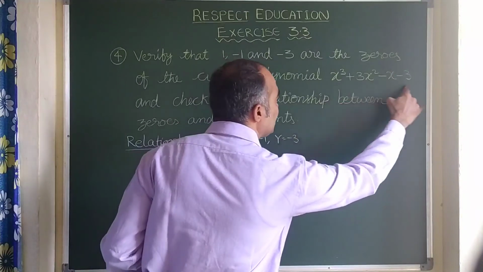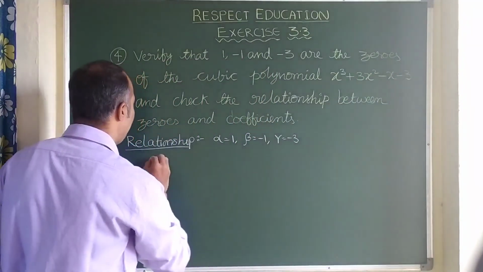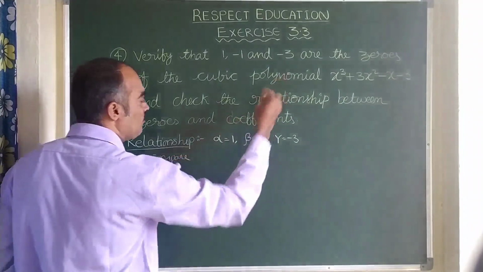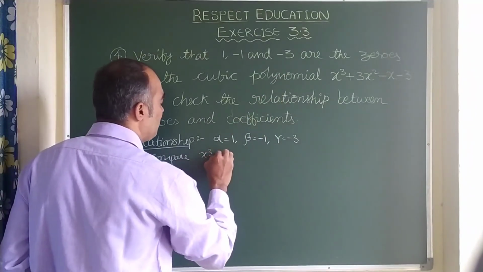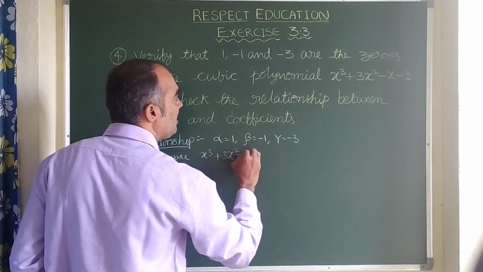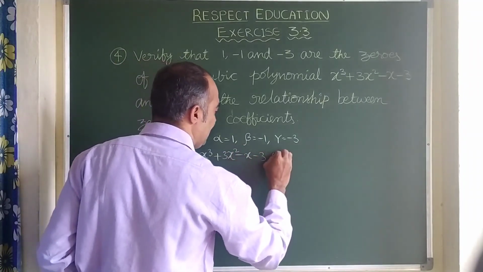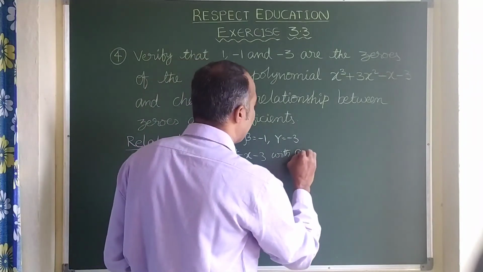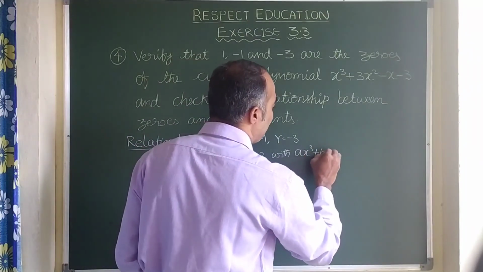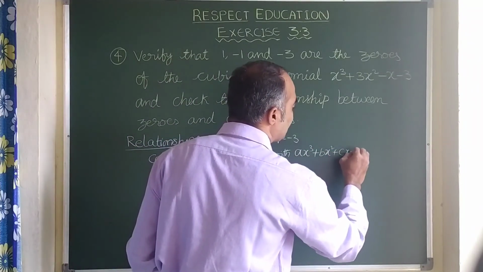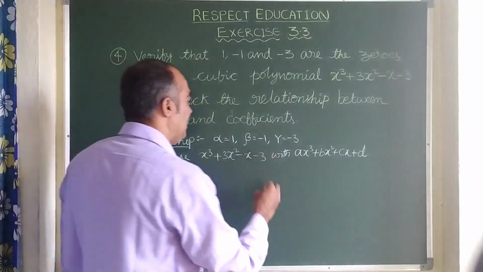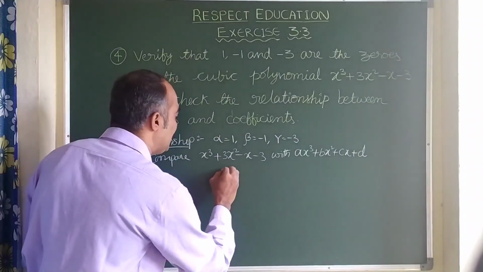So compare the given polynomial, that is x cube plus 3x square minus x minus 3, with a cubic polynomial, that is ax cube plus bx square plus cx plus d. When we compare, let us write the values of a, b, c and d.